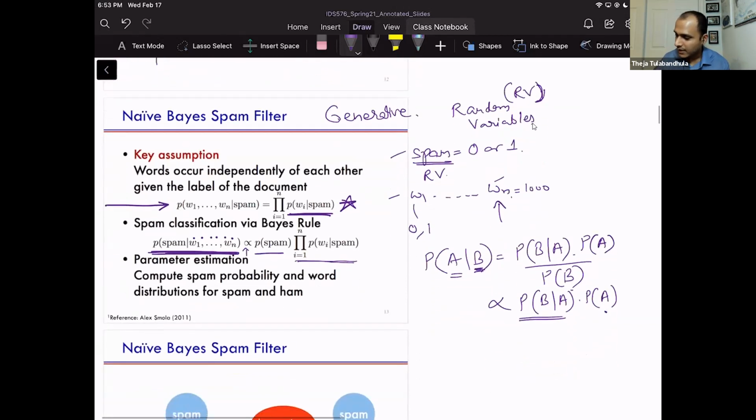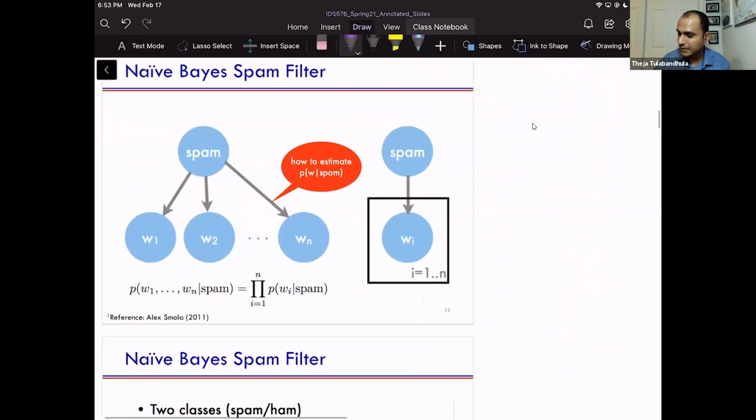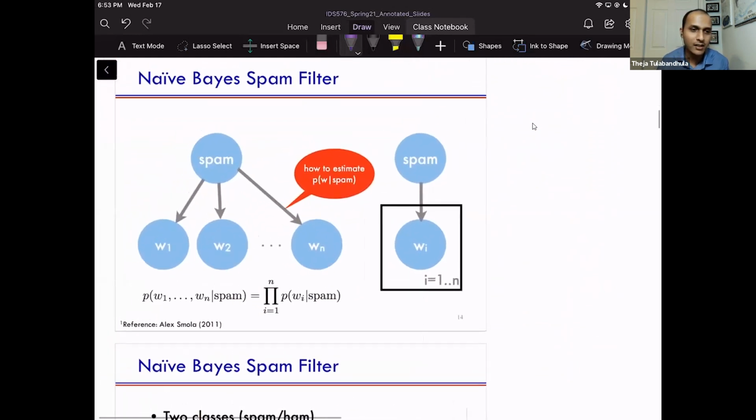So let's now, as I said, because they're random variables, spend one more second on how people talk about this key assumption. As I said, the Naive Bayes model is a generative model. It also belongs to the class of what I call graphical models, or Bayesian networks.